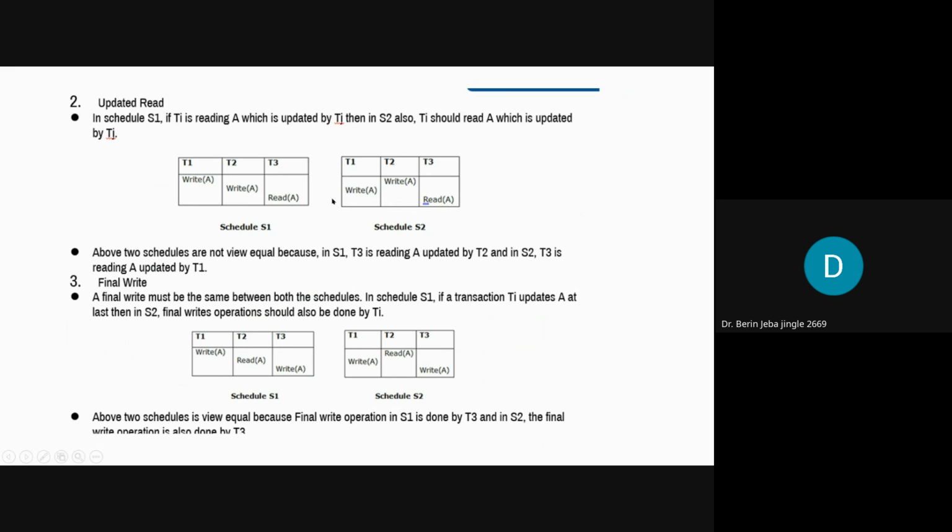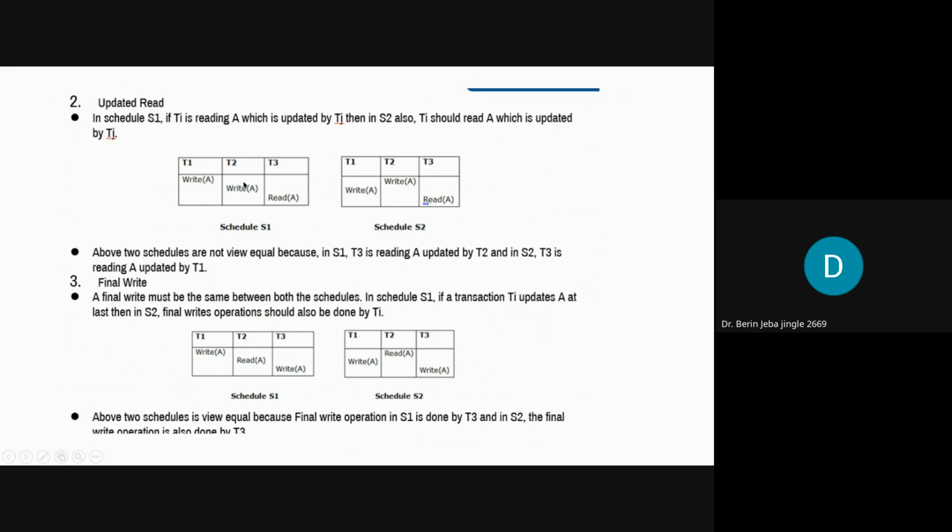But here, what is happening? In schedule 2, T3 is updated by T1. So it does not satisfy the second condition.